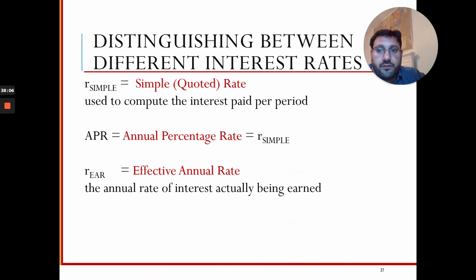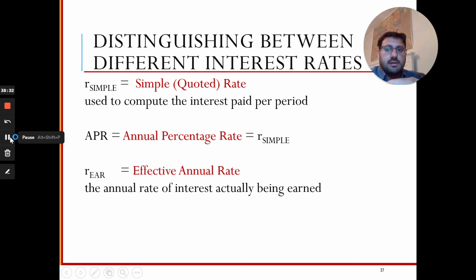So we have a few concepts about interest rate now. There is a simple interest, which is the quoted interest, and it is used to compute the interest paid per period. So it is simple interest. Then the annual percentage, remember over there that per period over here, what we are considering is annual up till this time.